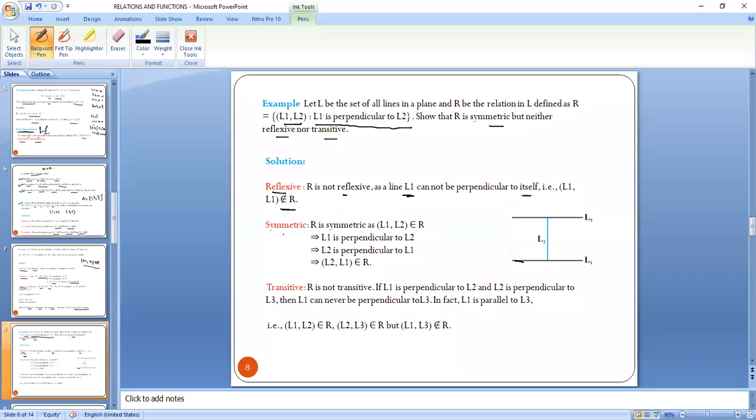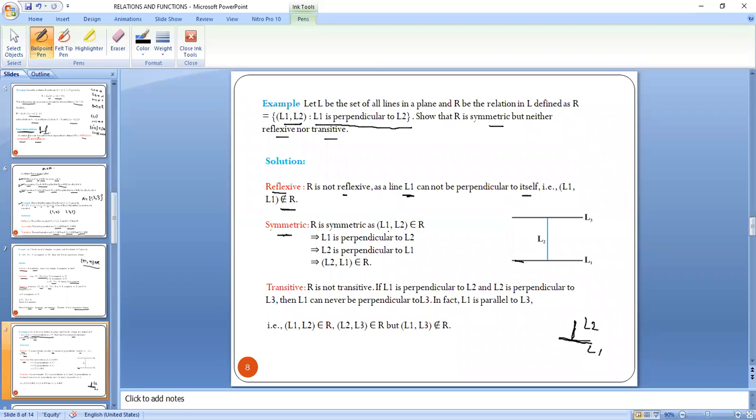Now we check symmetric. R is symmetric. Why? L1 is perpendicular to L2. Can we say that L2 is perpendicular to L1? Yes, obviously.